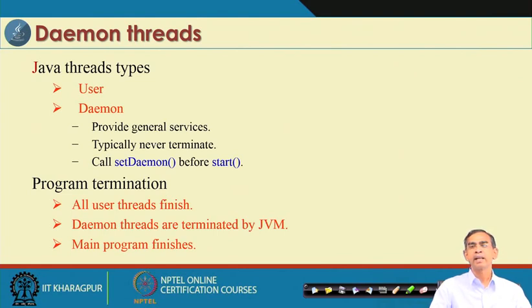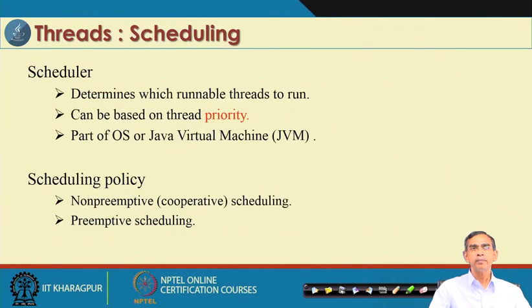Whenever some interrupts come, the daemon thread will handle them. These are a few examples. Now, the program can be terminated whenever all threads have finished their execution. If some thread is yet to be executed, the program cannot be terminated, and then we have to force termination by pressing the power button or something like this.